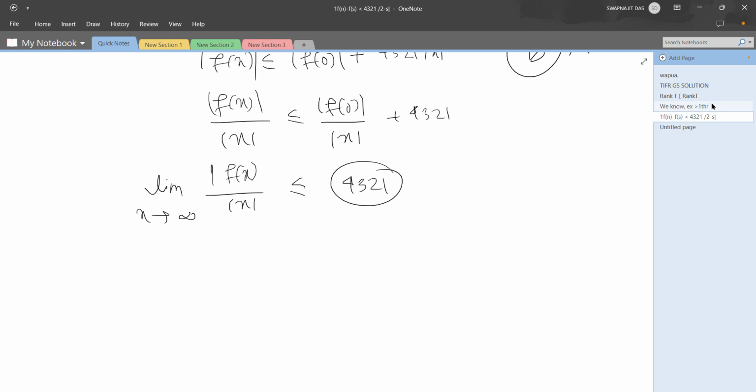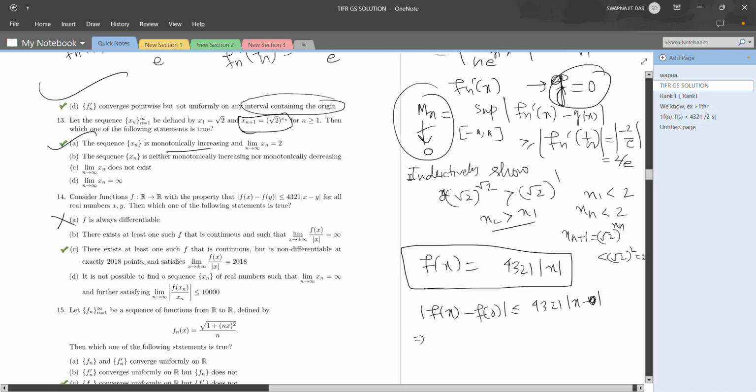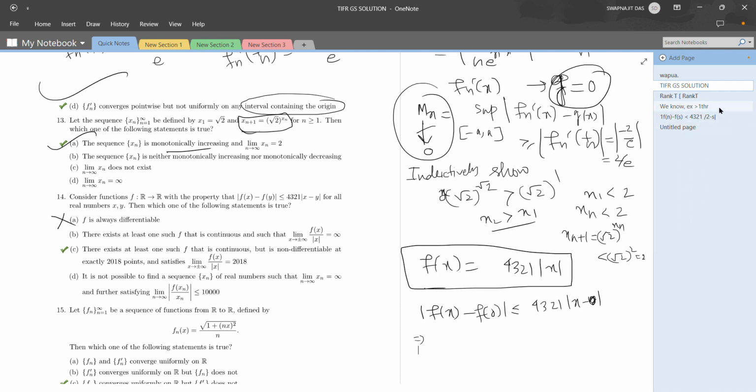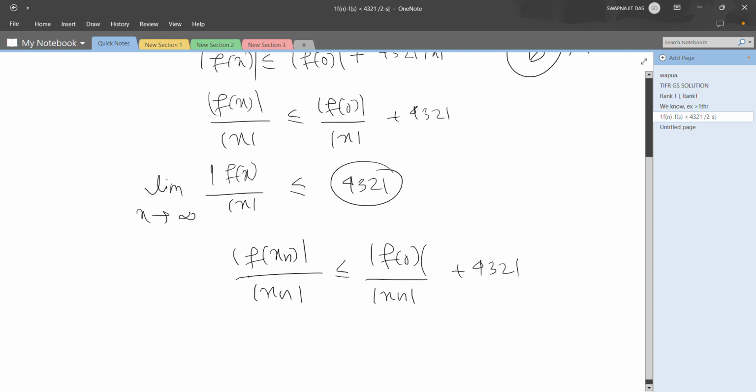And so what about the fourth option? The fourth option says that it is not possible to find a sequence xn of real numbers such that the limit as n tends to infinity of xn is infinity, but it is always possible from the definition, right? Because mod f of xn by xn is less equal to mod f0 by xn plus 4321.